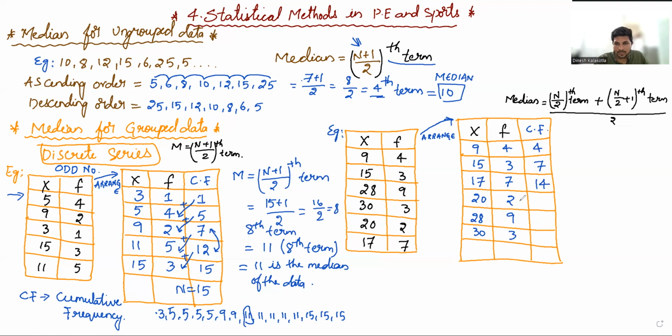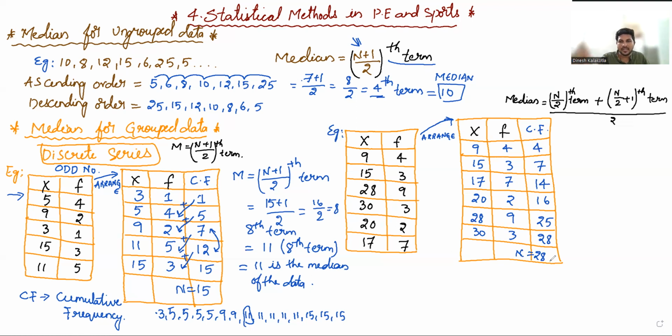And 14 plus 2, this is 16. And 16 plus 9, this becomes 25. And 25 plus 3, 28. So n is nothing but 28.